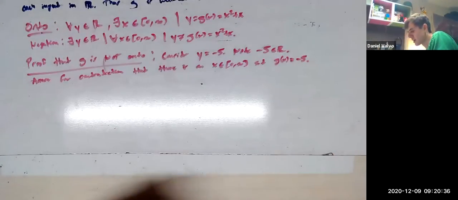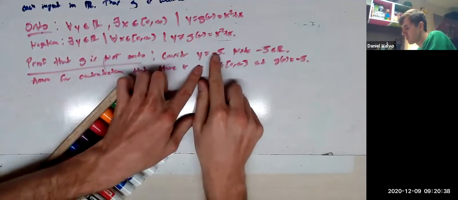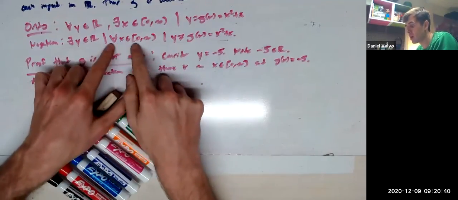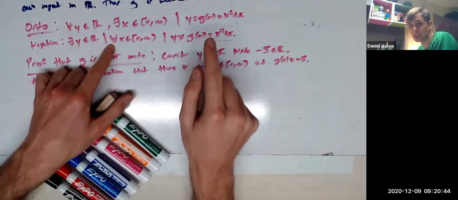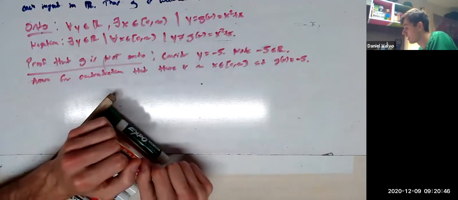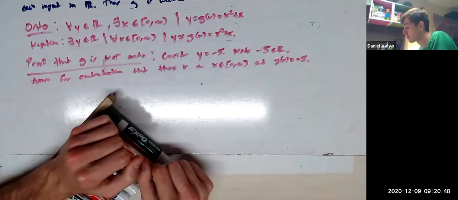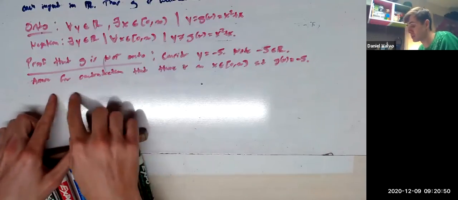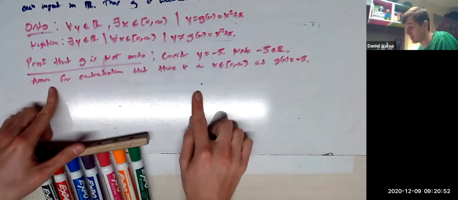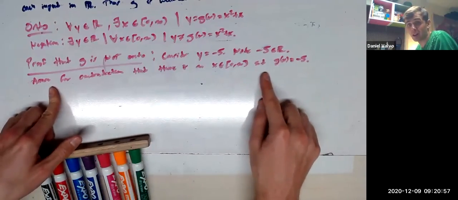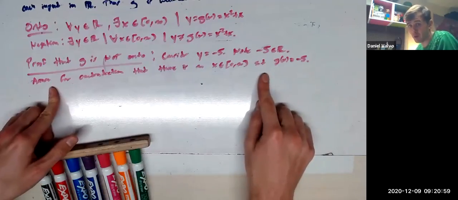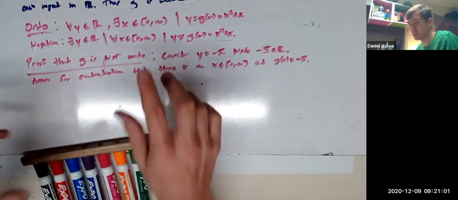So the whole thing we're doing here is I have y equal to -5, and now I want to show that for all x in the domain, y will not equal g of x. That's how we know it's not onto. There's nothing you can plug in to get -5. But to prove that you can't do that, we need contradiction. Contradiction is going to assume that there is some value for which you can do it. That will prove that's ridiculous. So therefore, for all values, you can't do it. That covers this, and we're done.